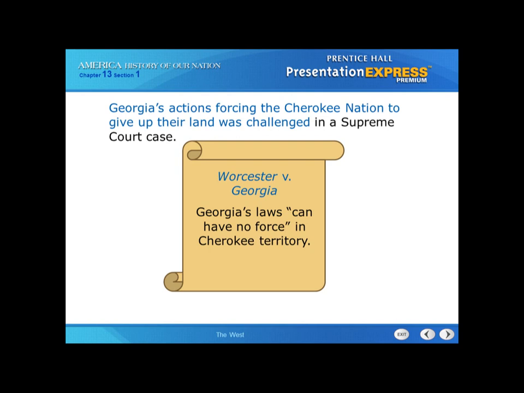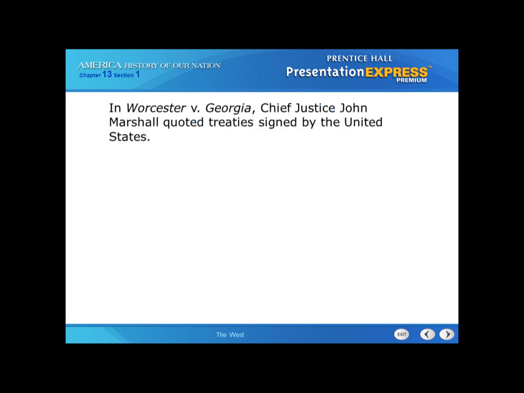Remember, when we go back to the very first two political parties, you had the Federalists, started by Alexander Hamilton, and the Democratic Republicans by Thomas Jefferson. The Federalists wanted a very strong central government, whereas the Democratic Republicans believed in more states' rights. In Worcester v. Georgia, Chief Justice John Marshall quoted treaties signed by the United States.